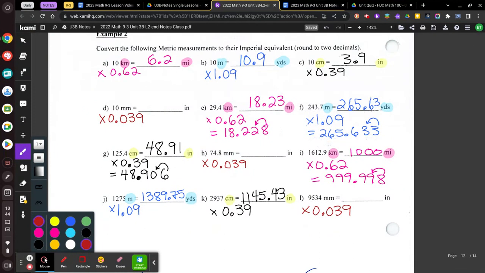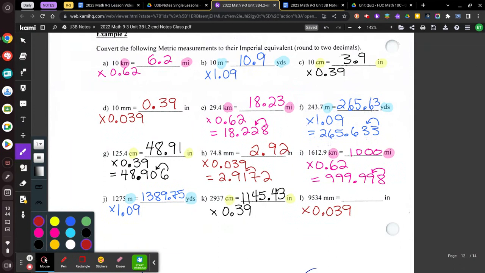All right, this one's going to give me 0.39. This one's going to give me 2.9172. That 7 rounds the 1 to a 2. So I'm going to get 2.92.